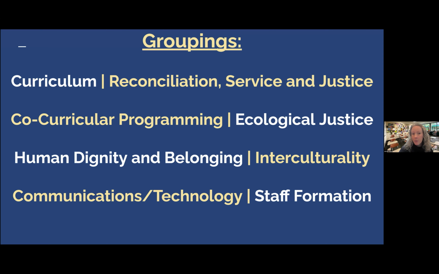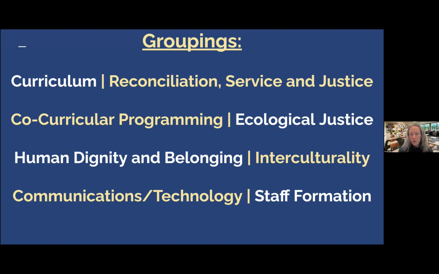The way that I split it up was, again, there's 8 different areas, and I looked at the people in the room and assigned them based on their areas of expertise. So curriculum, our vice principals were in that group. Reconciliation, Service, and Justice, our Christian Service Director. Co-curricular programming, ecological justice, the human dignity and belonging was DEI, and that met well with interculturality.